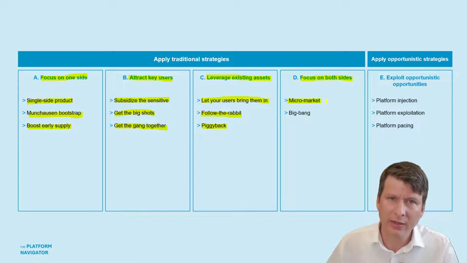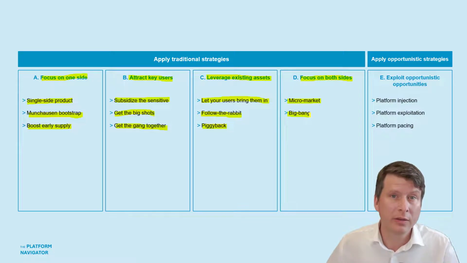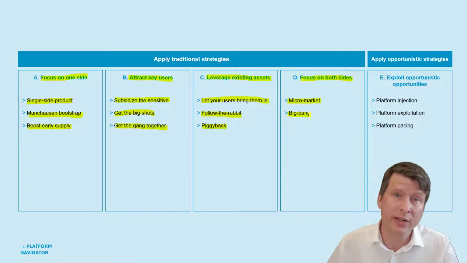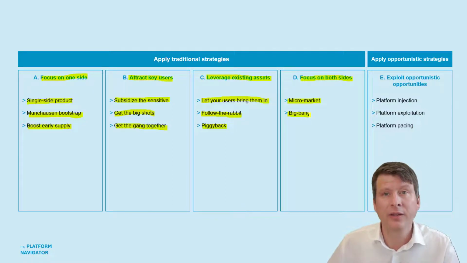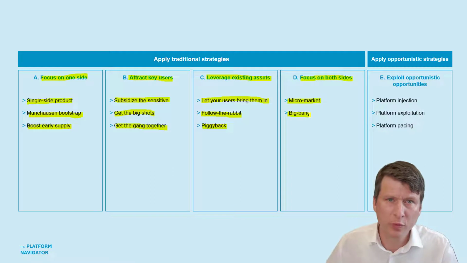So micro market: start with a very strong focus on a specific micro market. Big Bang is all about going for both sides of the market simultaneously. For example, through large advertisement campaigns and pushing people, really go in big, both sides, bold move, Big Bang.